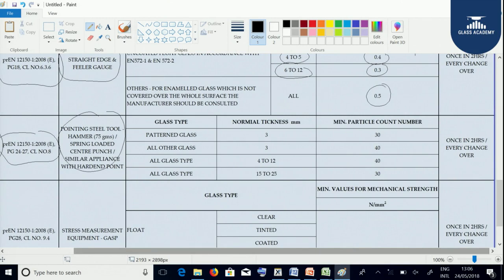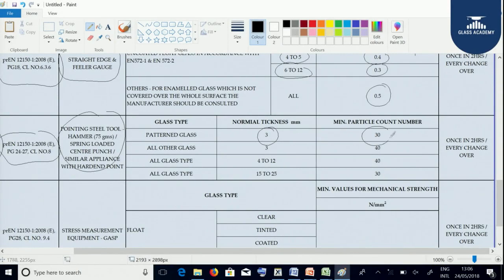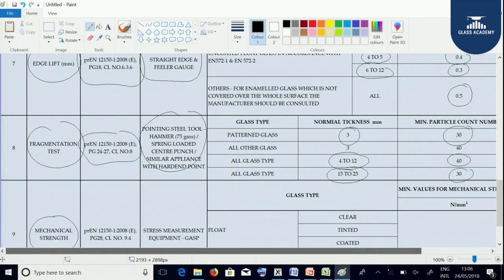Based on the minimum particle count, we will say whether it is a heat strengthened glass or a toughened glass. For a 3 mm thickness glass, the minimum particle count should be 30. For 4 to 12 mm, the minimum particle count shall be 40. And for 15 to 25 mm, the minimum particle count shall be 30. The frequency of testing will be every 2 hours or whenever there is a changeover.